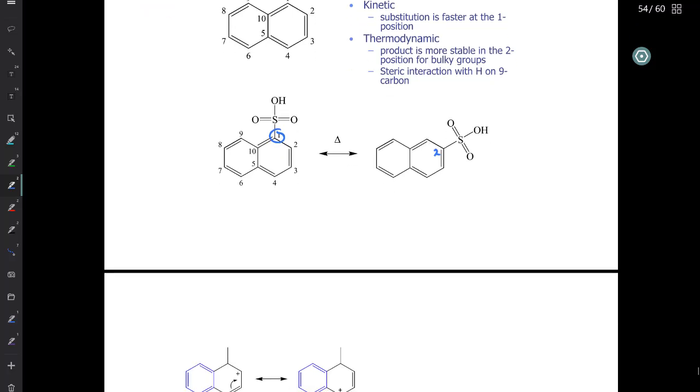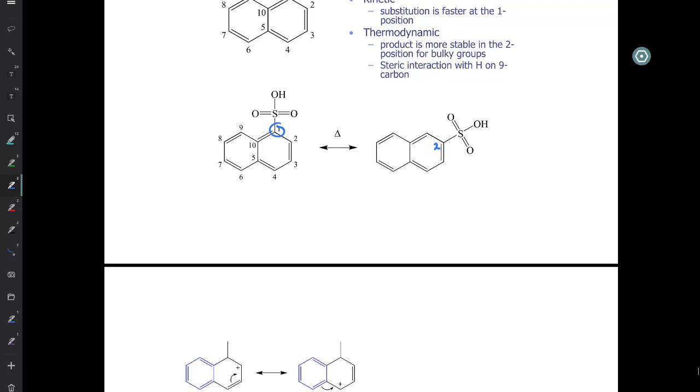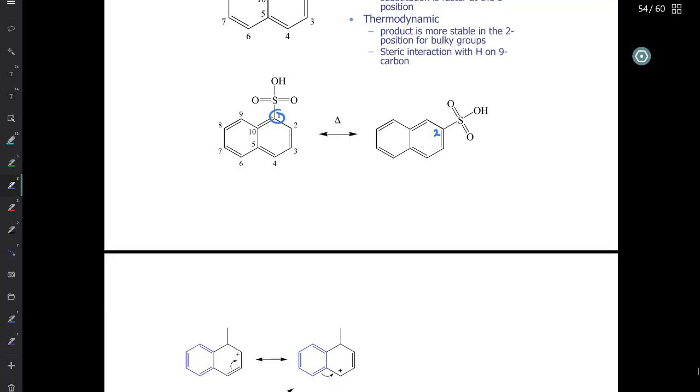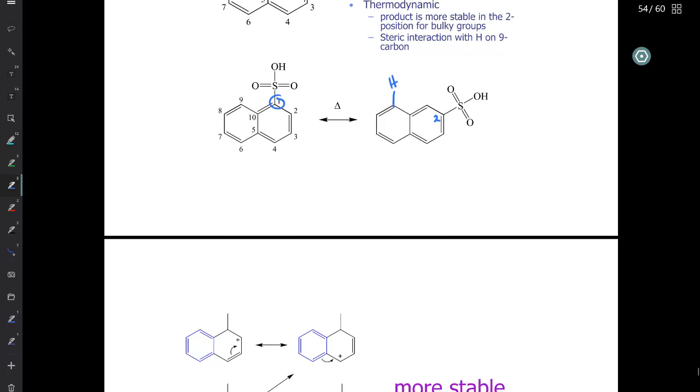That group can leave and reattach in the thermodynamic position. The reason that's the thermodynamic position, again, as I mentioned, is that there's a hydrogen here that tends to push it away, and that allows the group on the number 2 carbon to be more stable than on the number 1 carbon.